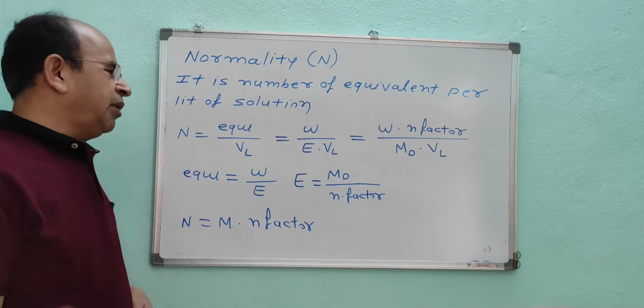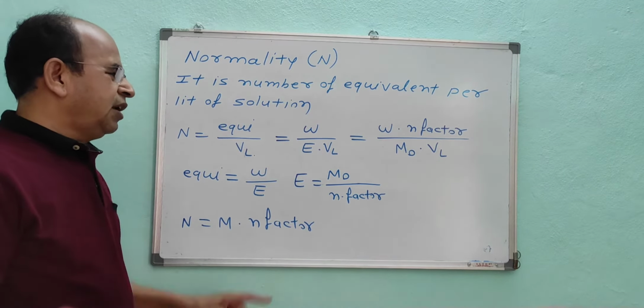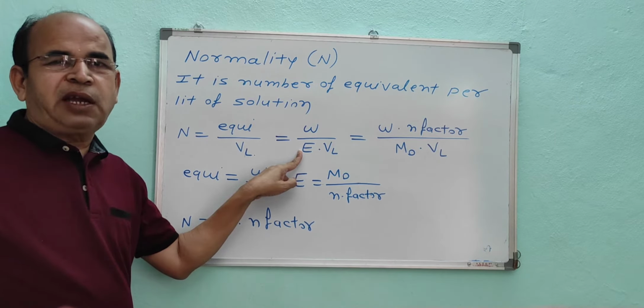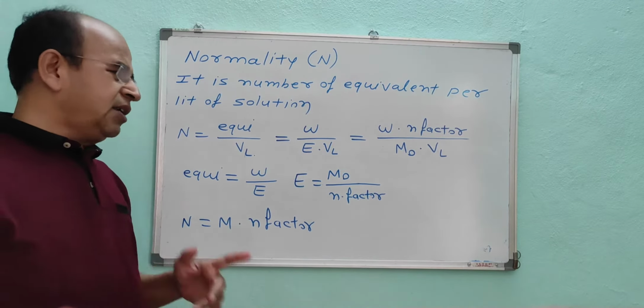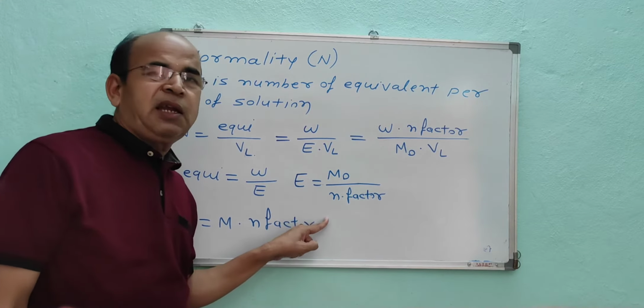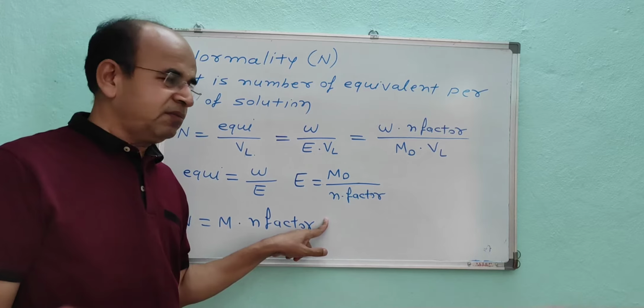So this equation will become W divided by E into V. You know the relation between equivalent weight and molecular weight: equivalent weight is equal to molecular weight divided by N factor. I will tell you what is N factor.